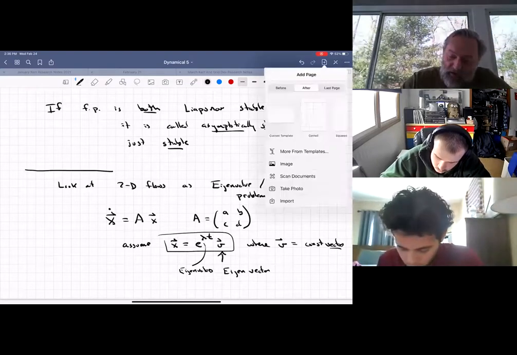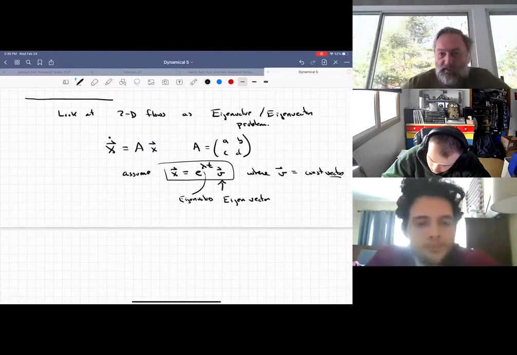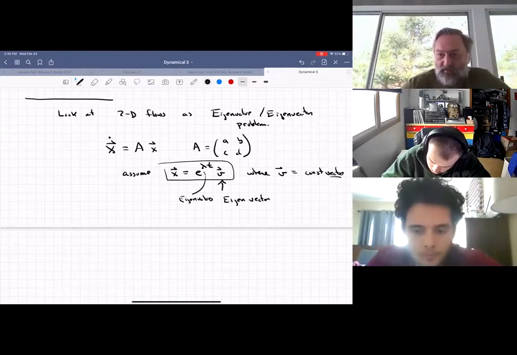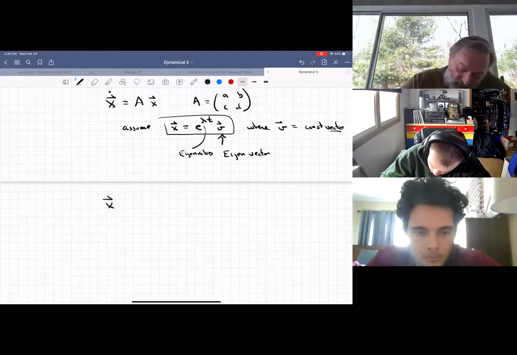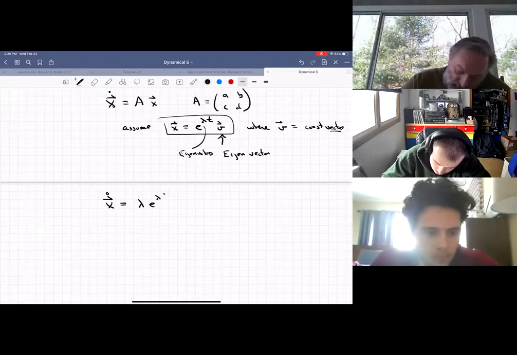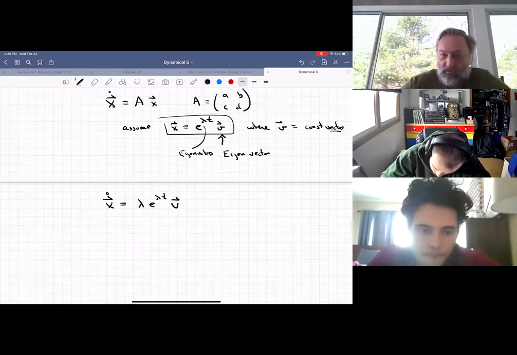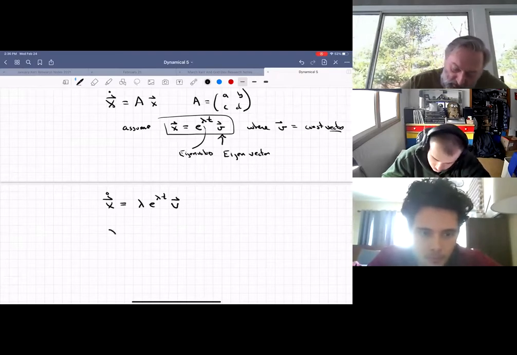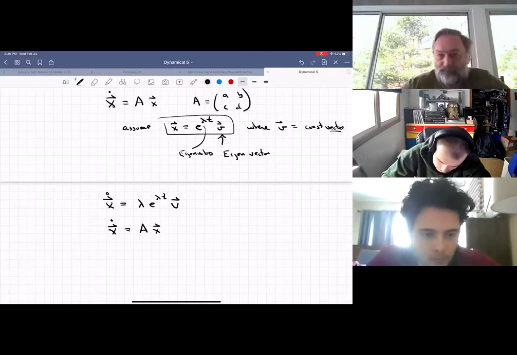So if I assume a solution of the form e to the lambda t times some constant vector, so all the time dependence is in this e to the lambda t business, then x vector dot would be lambda e to the lambda t v. I have to take the time derivative, and so all that can happen is the lambda comes down. But I know that x vector dot is supposed to be A times x.